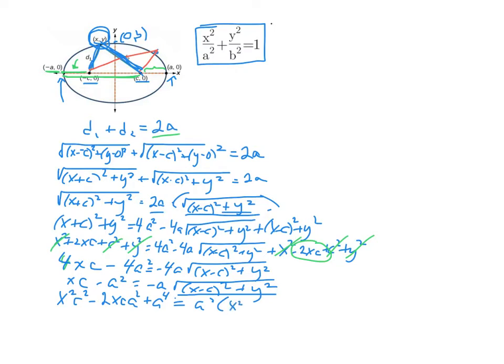I would have x squared minus 2xc plus c squared, and then plus y squared. Okay. All right, so now I can see that if I expand my a squared out here, so multiply through, I have a squared x squared minus 2xc a squared plus c squared a squared plus a squared y squared.